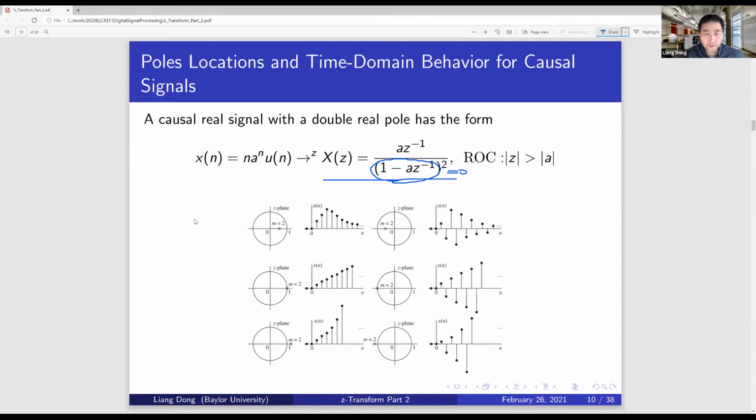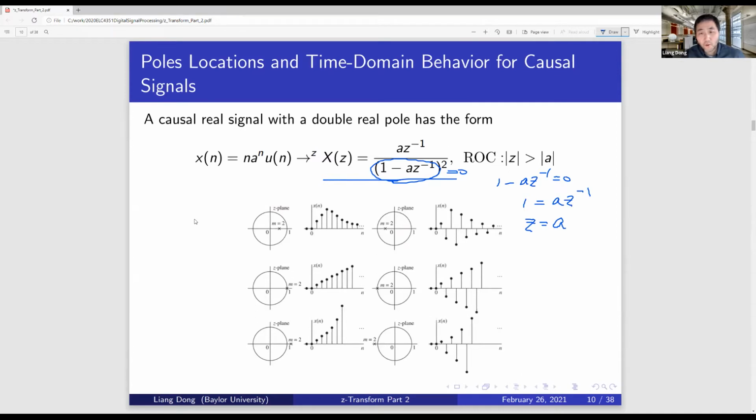Denominator equal to 0. At that time, X(z) becomes infinite. And then once you do that, 1 minus a z^-1 equals 0. So 1 is equal to a z^-1. Now, don't forget, this is the inverse of z. So you put in here z equals a. In this case, because it's real, I can simply put z equals a. And that is a pole.